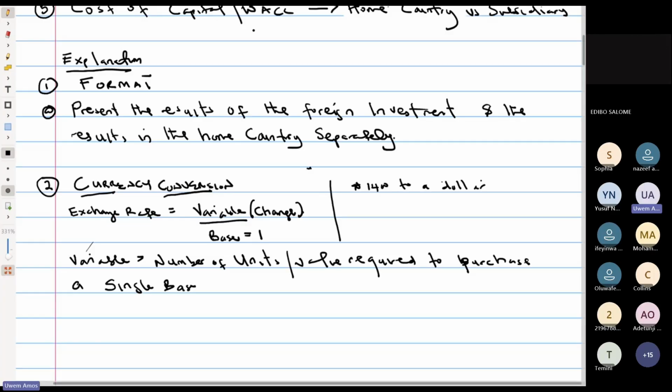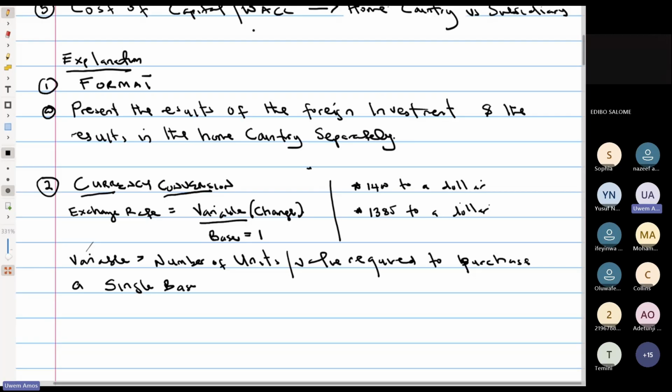You go back next time, the FX dealer might tell you that the exchange rate is maybe 1,385 to $1.